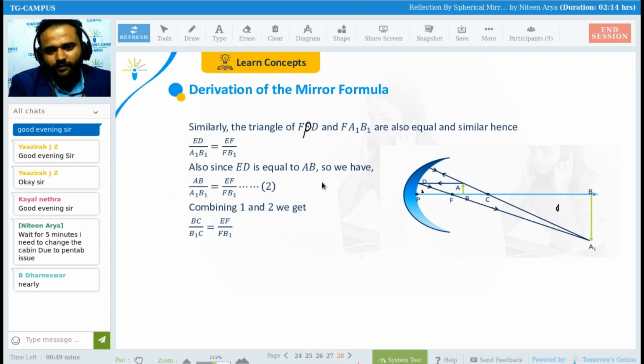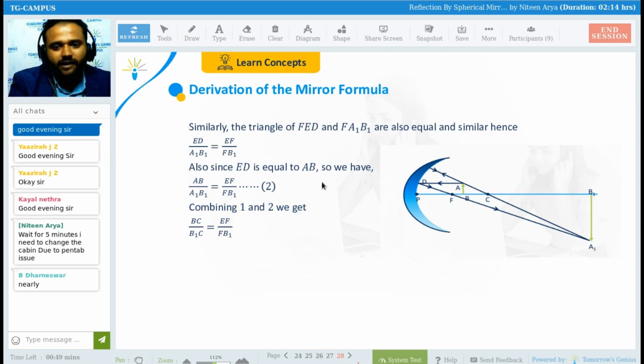Now, what is EF? What particular thing do they describe in this EF? Where is E in this triangle? Wait a minute. See, this is EF. Okay. I can do one thing.